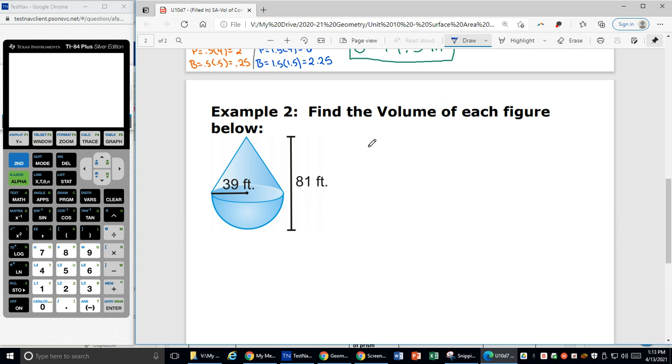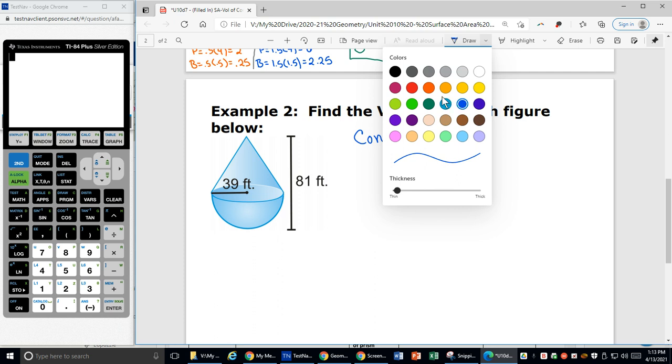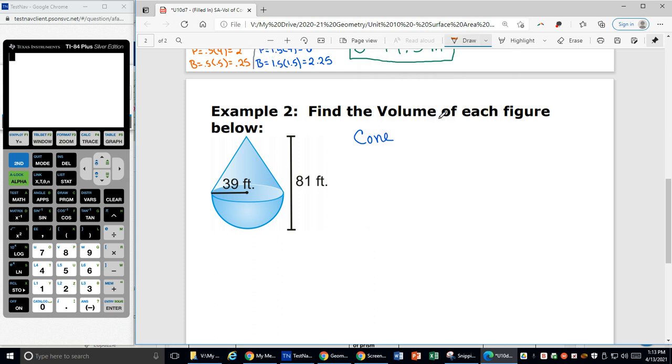So when I'm looking at this, the first thing I see is I have a cone on top of a hemisphere. So I have a cone, and then I have a hemisphere. Okay, so the first thing I need to do is look at my formulas for volume for cone and hemisphere.